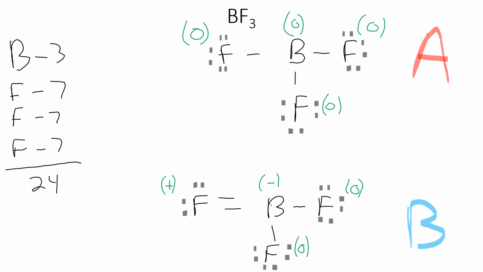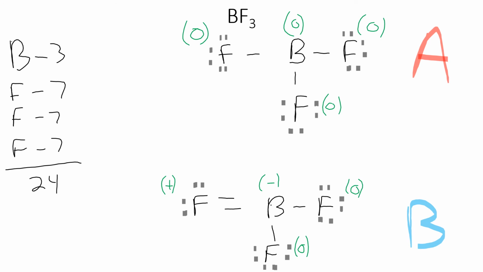Fluorine is to the right of boron on the periodic table. That means fluorine is more electronegative. It wants the electrons more. So if fluorine and boron both have formal charge, which one should have the negative formal charge based upon the desire for the electron? It should be the fluorine.